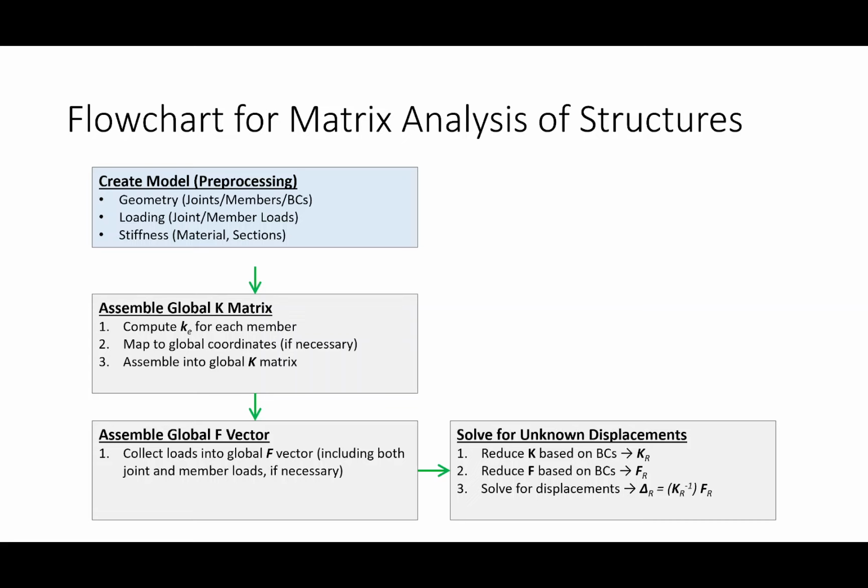My notation isn't really going to make sense right now, but bear with me, it will. We're going to take the displacements, which I'm calling delta sub r. You'll understand why here in a bit. We're going to take our K matrix, which has been reduced, invert it, and multiply it by the force vector, which has also been reduced, okay?